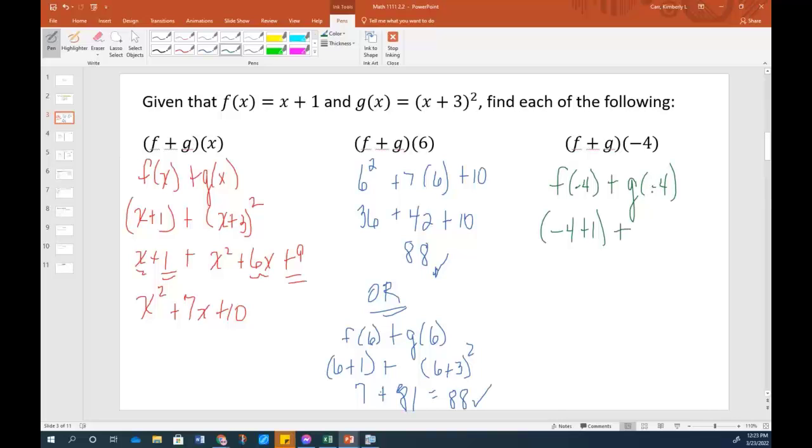And then for g of -4, I have to plug -4 into the g function, so I have -4 plus 3 squared. Now -4 plus 1 is -3. -4 plus 3 is -1, but -1 squared is a +1. So the answer there is -2.